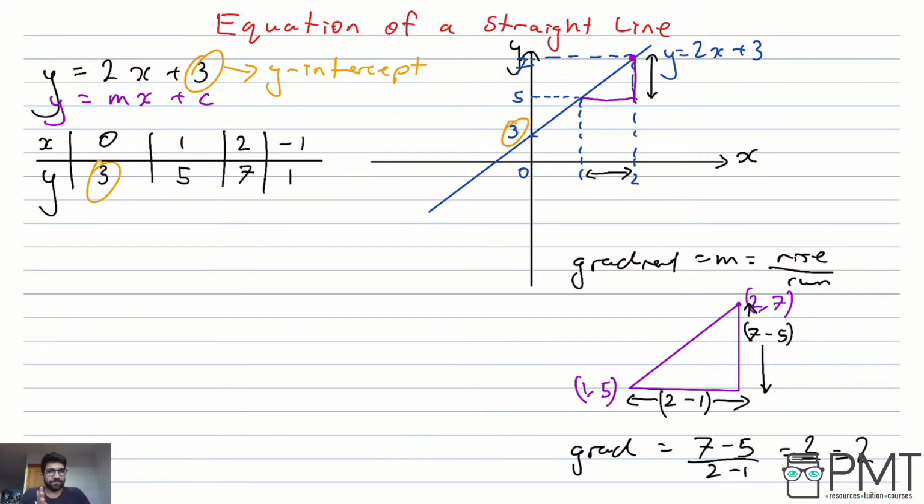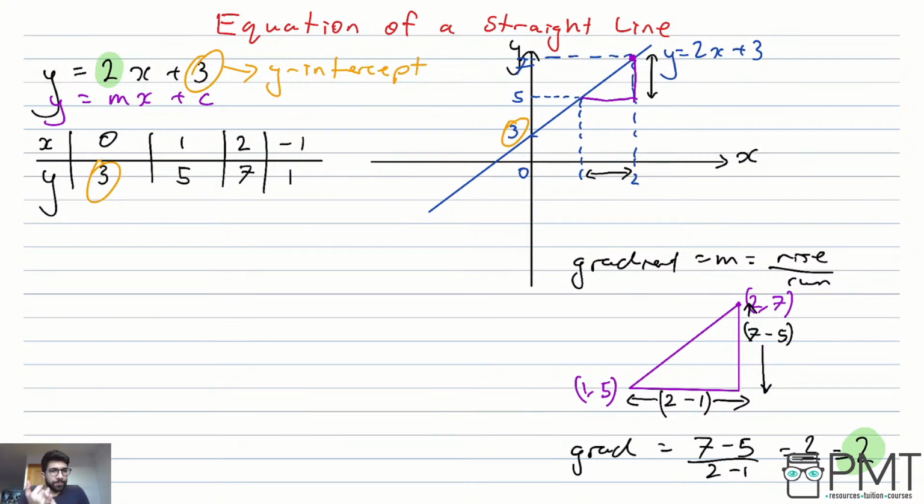We are just finding the gradient of this line. We have seen that it is 2 here, which is in agreement with what we were saying before. The gradient is 2, and that's the gradient m in that equation.